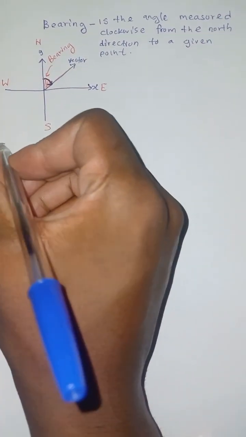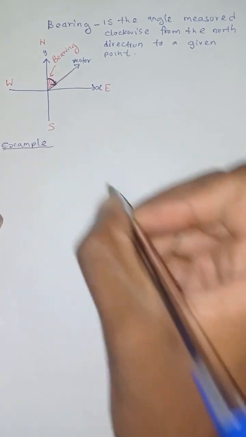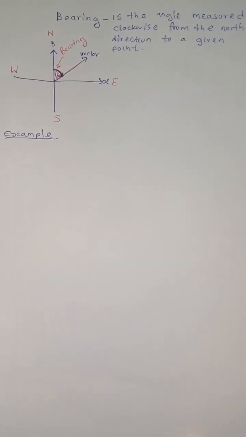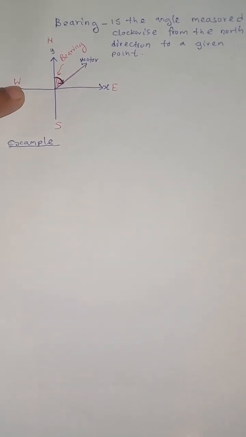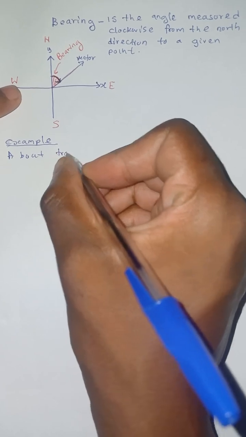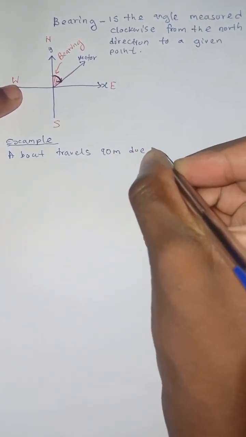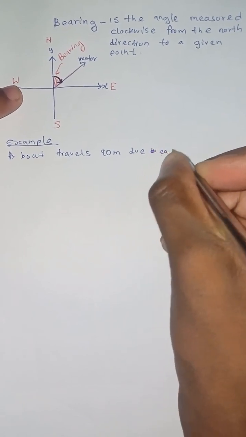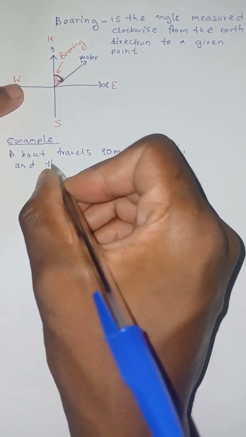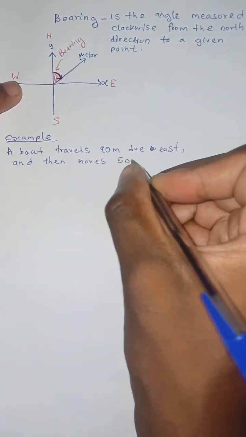So example, an example that we have says a boat travels 90 meters due east, and then moves 50 meters due north.